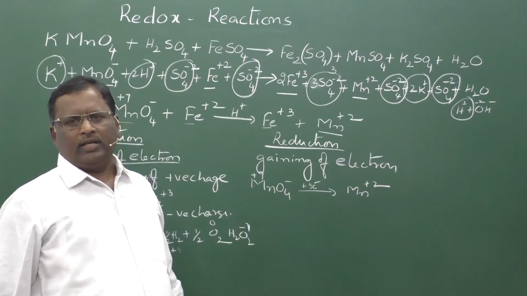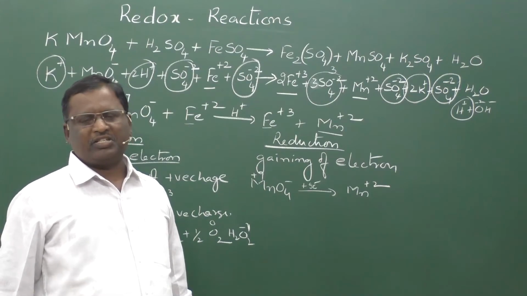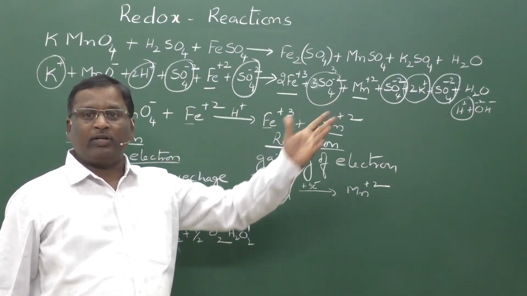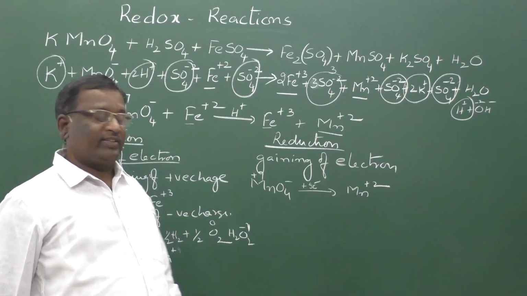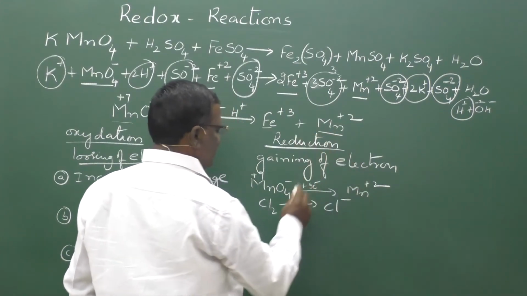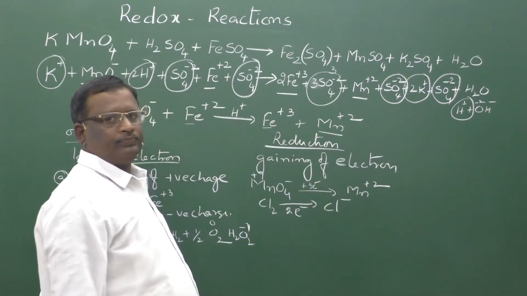Another one is increasing of negative charge, which is also reduction. Increasing of negative charge or conversion of a neutral atom into a negative ion. For example, if Cl2 is converted to Cl minus, it is possible only when it accepts 2 electrons.